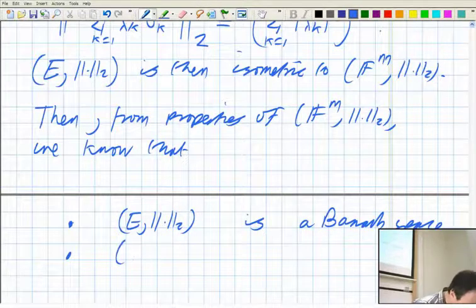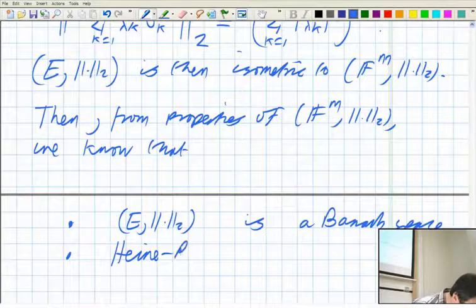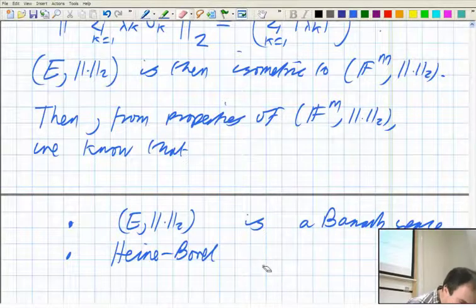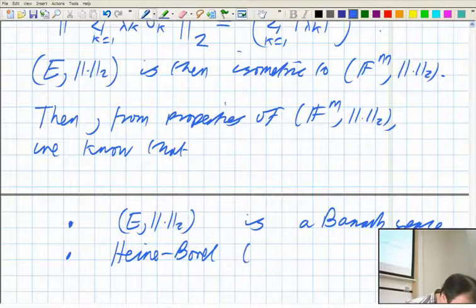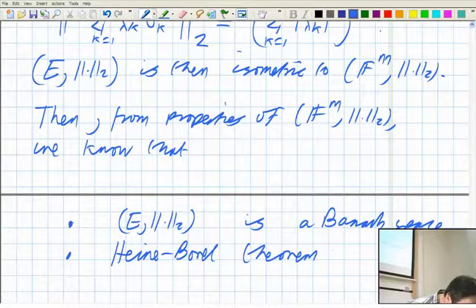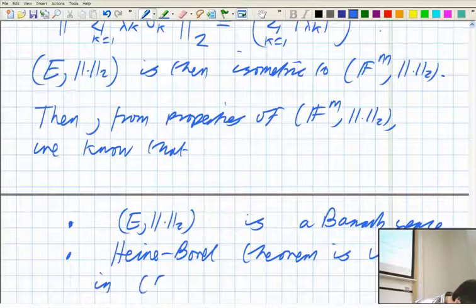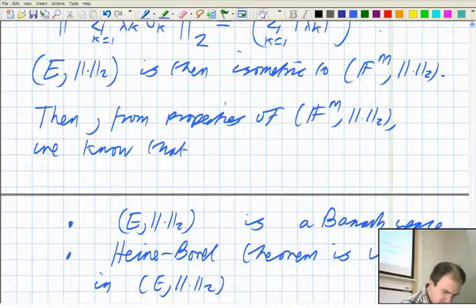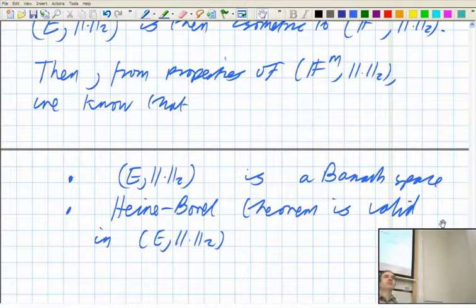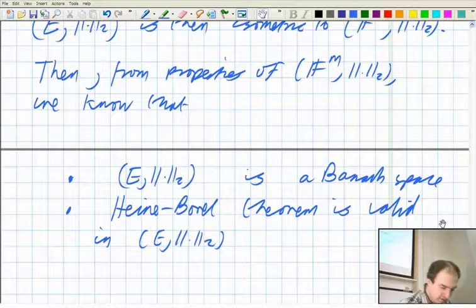And the Heine-Borel theorem is valid in E with norm 2. So subsets are sequentially compact if and only if they're closed and bounded.